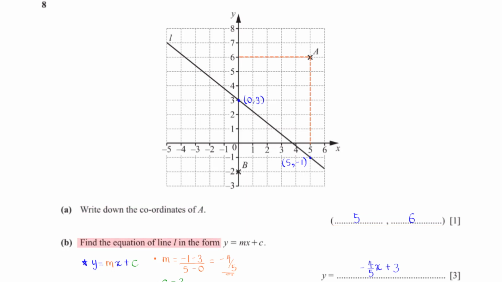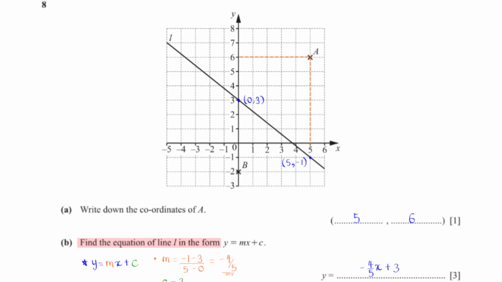Find the equation of line L in the form y equals mx plus c. All we need to do is find the values of m and c and plug these values into the equation y equals mx plus c.